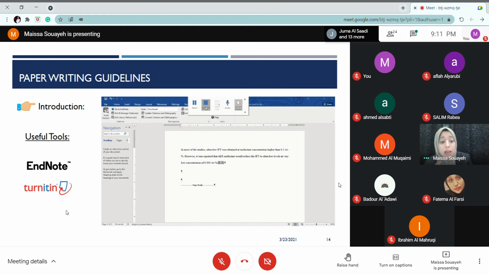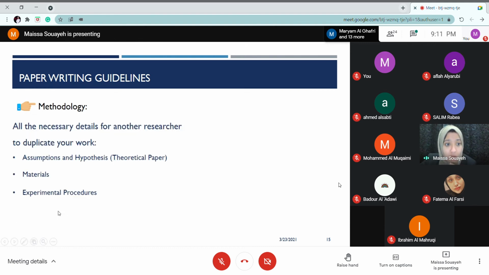By this, you can decrease the percentage of plagiarism by checking through Turnitin before submitting to the journal. Doing this, you are sure that you will pass the editor.